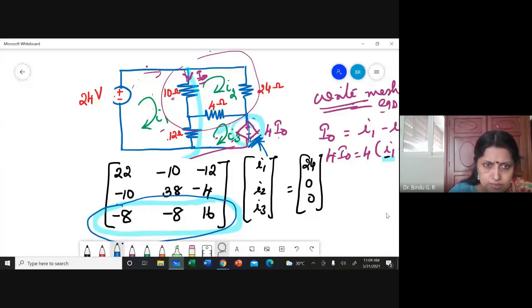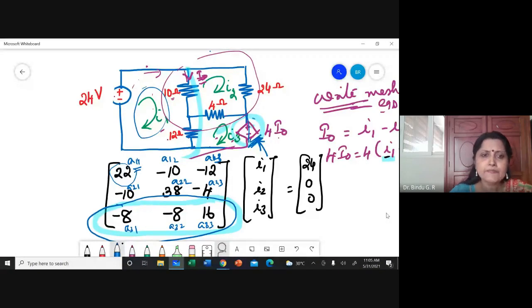I told you this is A11, A12, A13. This is A21, A22, A23. This position is A31, A32, A33, which means A11 means all those resistors connected to the first mesh and so on and so forth. We discussed that.